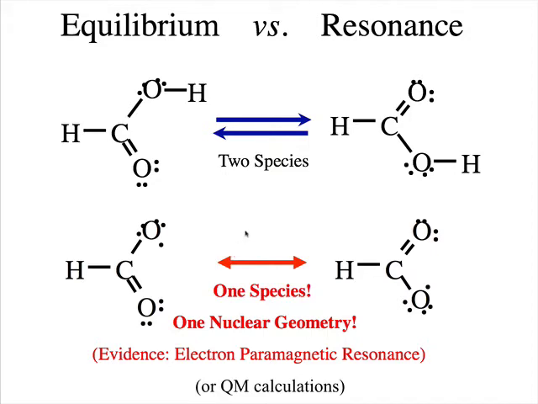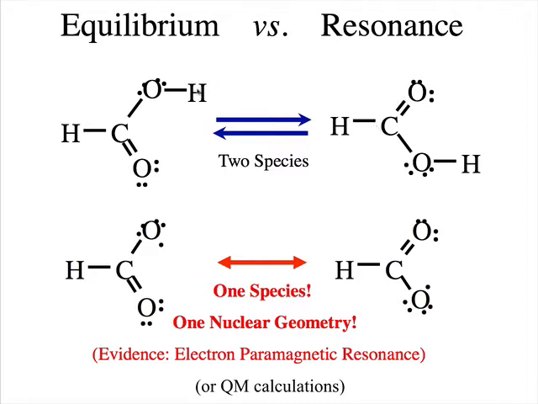Now, I did the same trick that I pulled before where I modified the bond lengths. Again, if you pay very close attention, the single bond between the C and the O is longer than the double bond between the C and the O. And if you look at the top situation where we have equilibrium, the carbon bond to oxygen A is long on the left and short on the right.